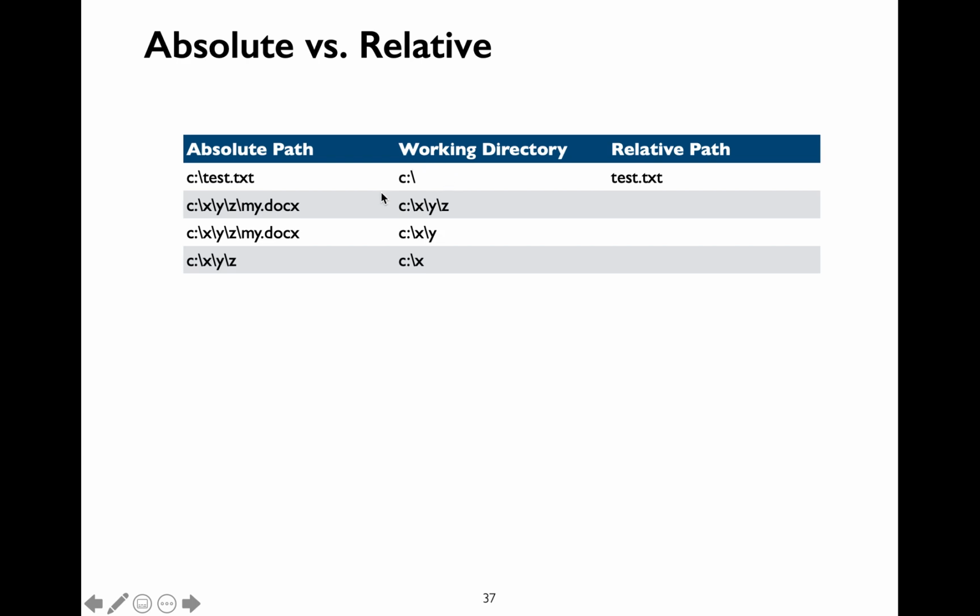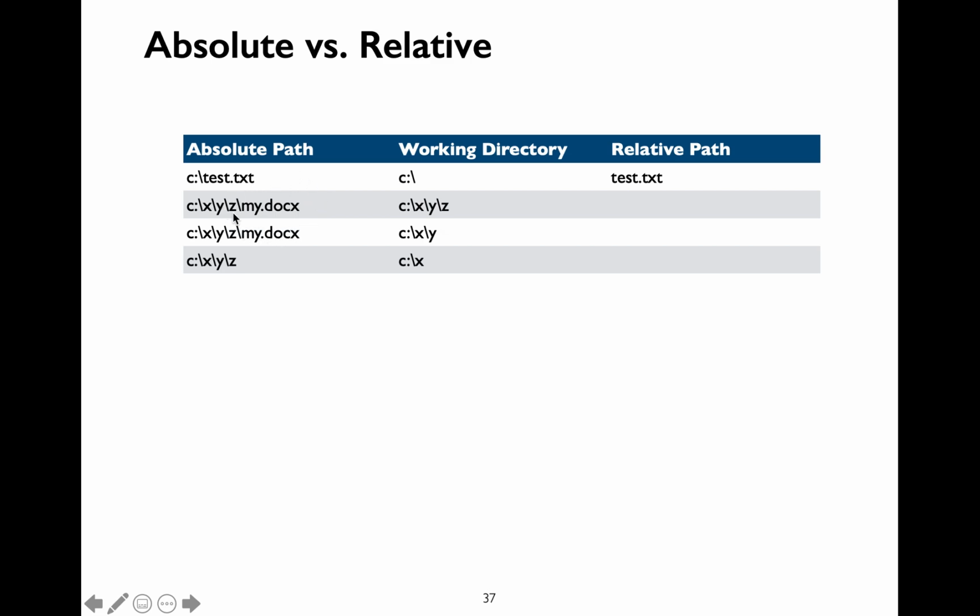Since I'm inside C drive here, if I want to access the file test.txt, I can simply say test.txt and that will be the relative path for that. The next example is showing that you're inside C drive X, Y, Z folders and you want to be able to access my.docx.